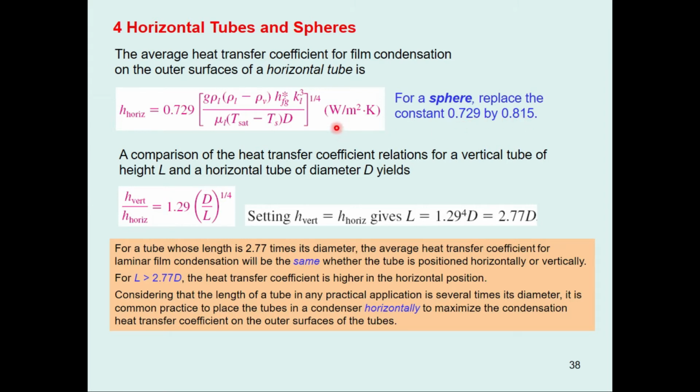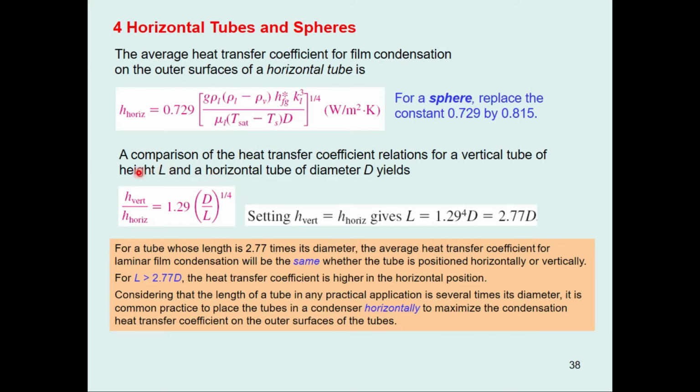So this is the expression for the determination of the average heat transfer coefficient for film condensation on a horizontal tube. Let's take a comparison of the heat transfer coefficient relationship for a vertical tube of height L and a horizontal tube of diameter D. Ultimately, if we compare these two, we will come up with this expression, right?